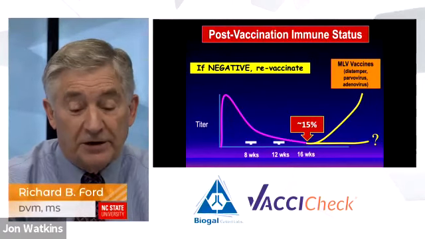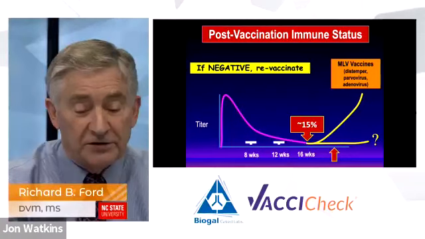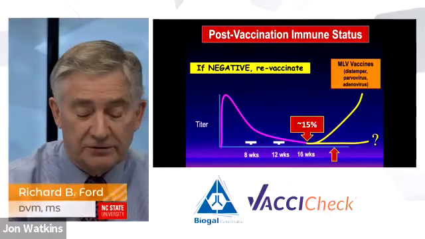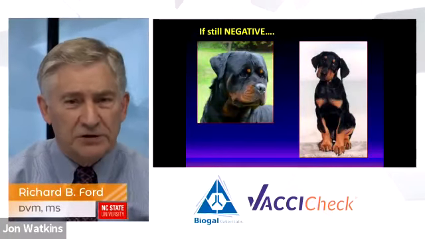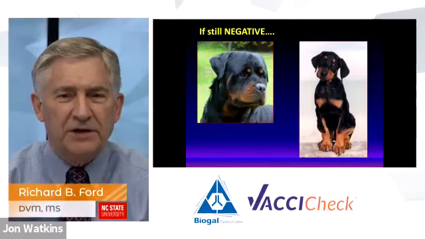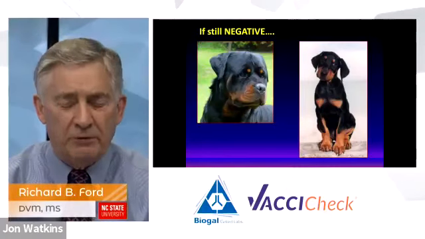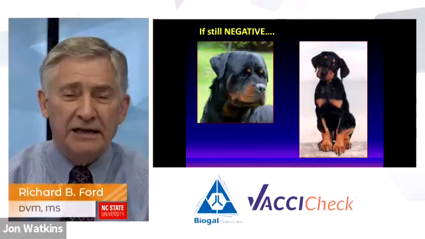If, on the other hand, that dog is tested and, ironically, here's another reason to test, is still negative on subsequent testing, this is a rare subset of dogs, some of you will recall, as the Doberman and Rottweiler issue from the 1980s.